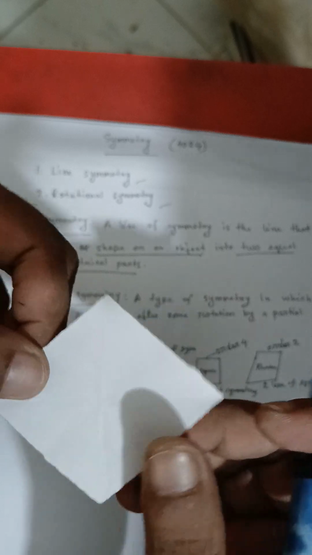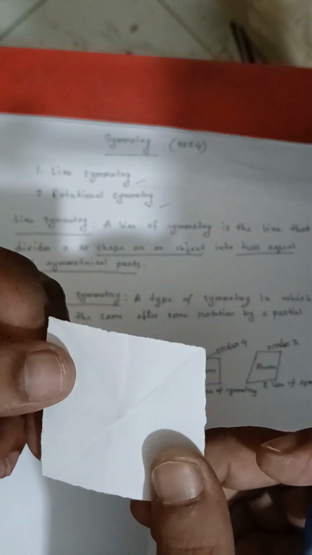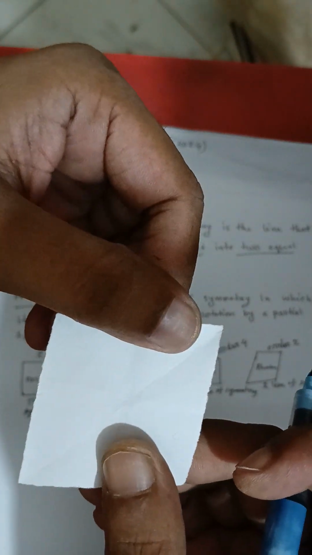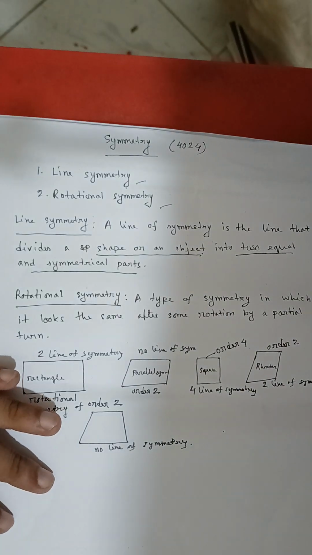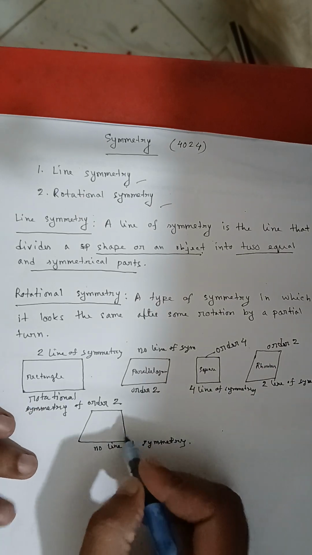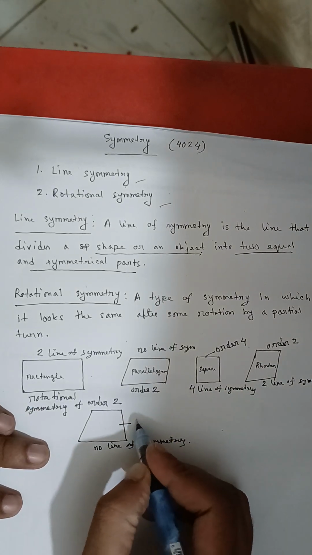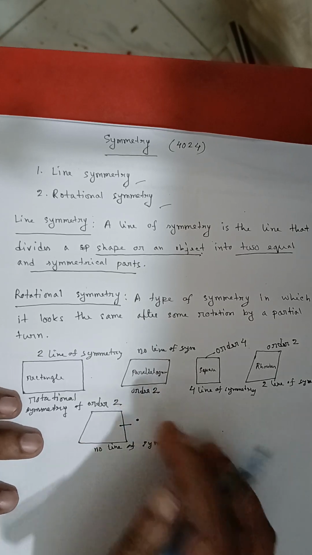If I rotate this, this angle is more than 90, so it is not an acute angle. So this shape and that one are not the same, they are different. So it has no rotational symmetry.